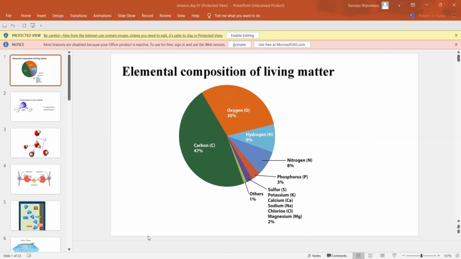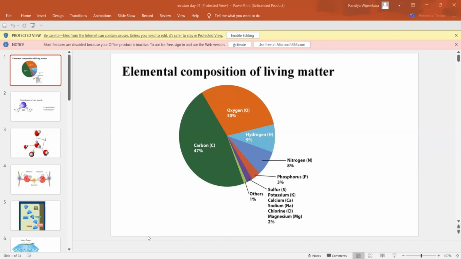There are a lot of points we have to remember. First, there are 92 elements that naturally occur on the earth crust. Out of that, 20 to 25% of elements are essential to continue healthy life and reproduction. So humans need 25 and plants need 17.